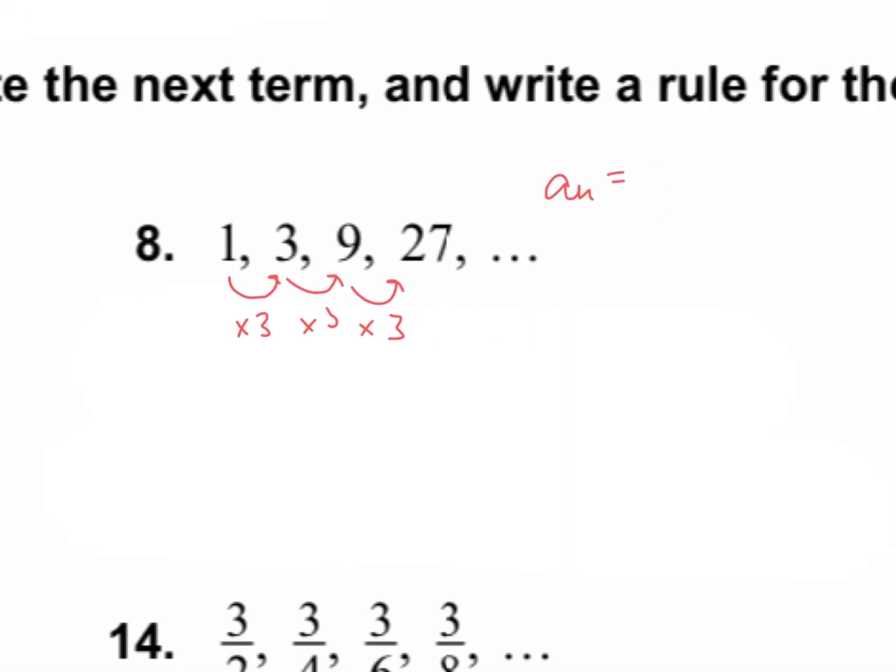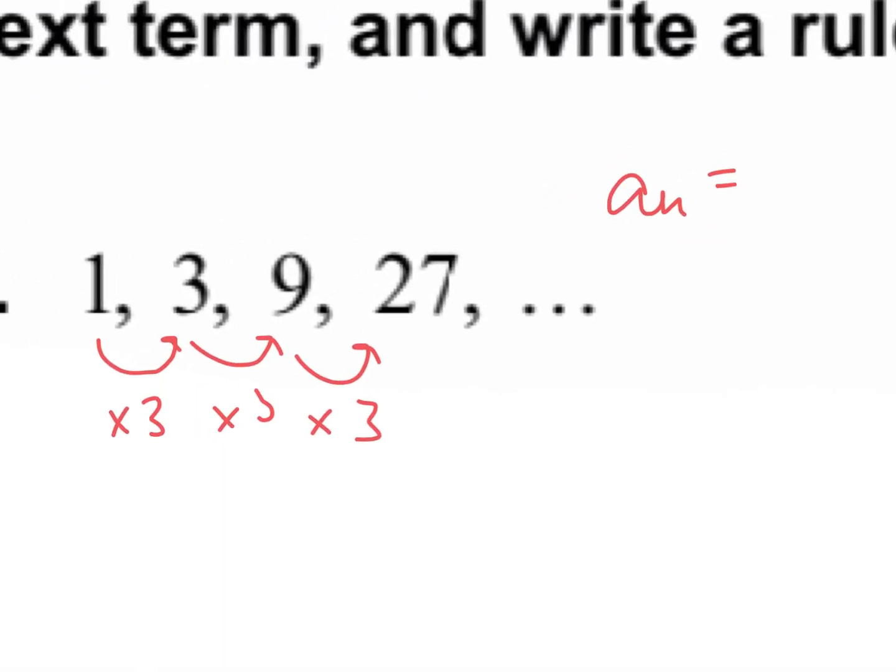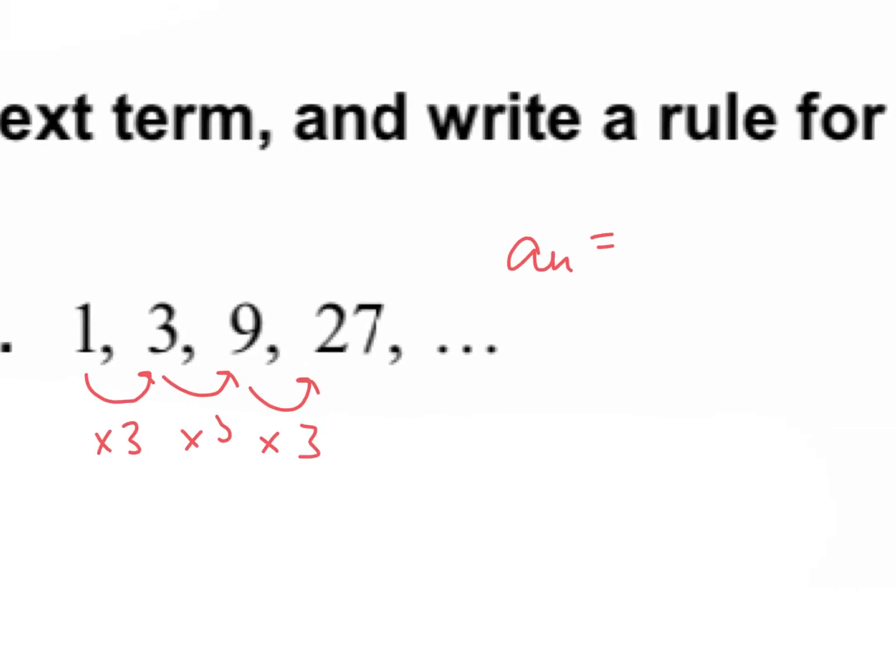So let's go back here. We are multiplying by 3 each time. So how do we write our rule? Three to the power of n, but we start with 1. So if we plugged in 1 here, that would be 3 to the power of 1, and 3 to the power of 1 is just 3.